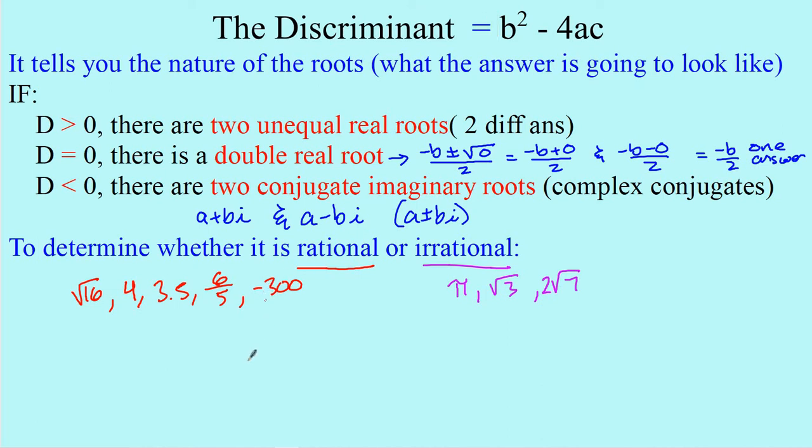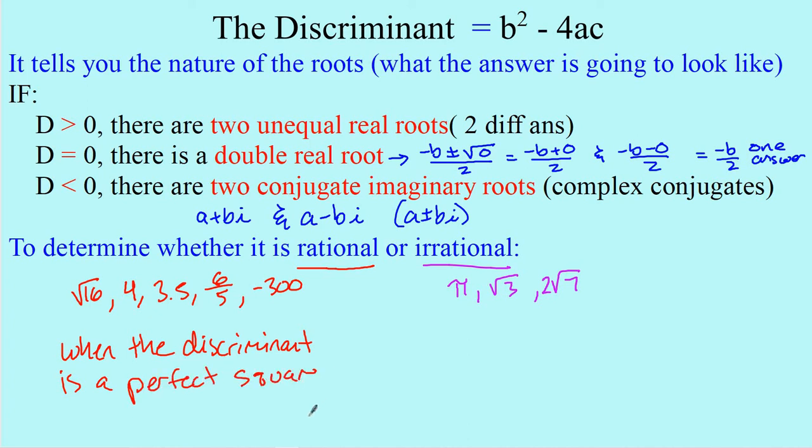It's rational when it's a perfect square, and this is when it's not.